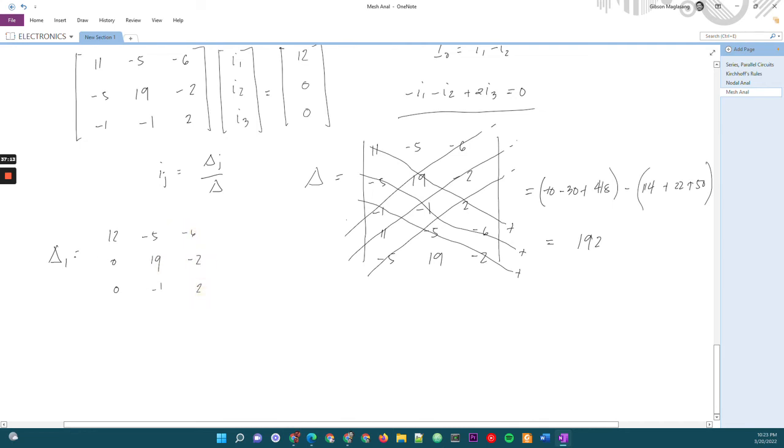Since we are trying to find the determinant of a 3x3 matrix, we use the same method. You copy the first two rows, basket method. And we have 0, 19, and then negative 2. Okay? You get the determinant. You'll be the one to check it. But I'll give the answer, it's actually 432.